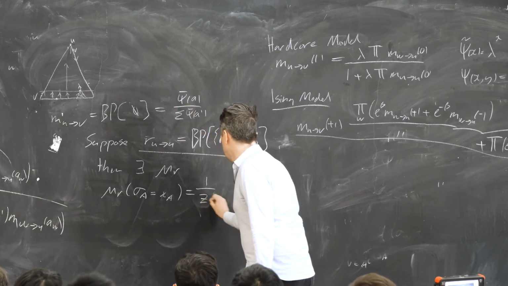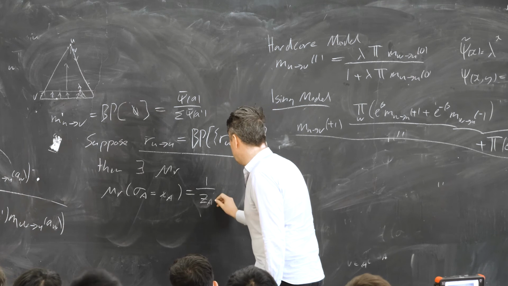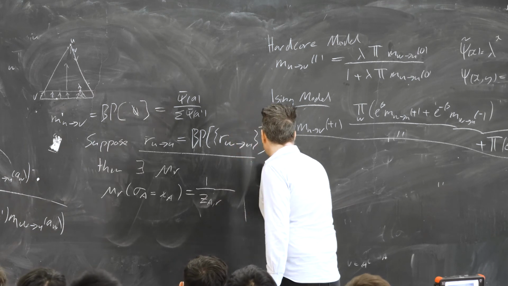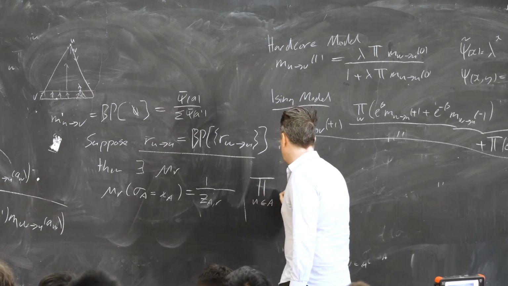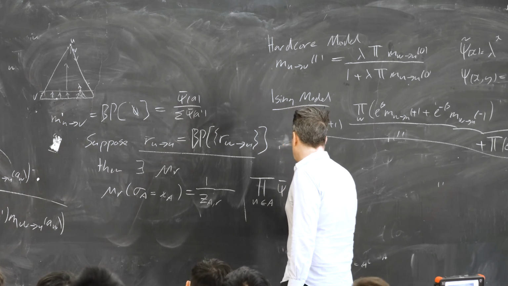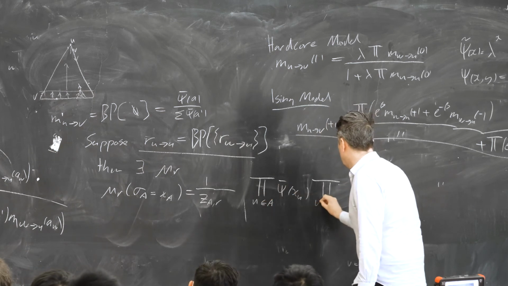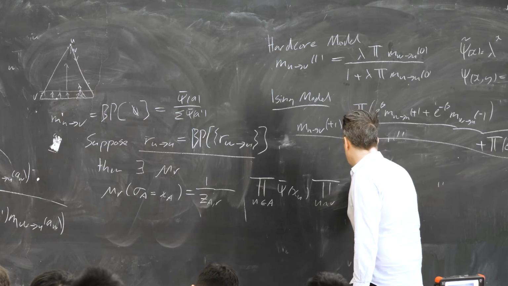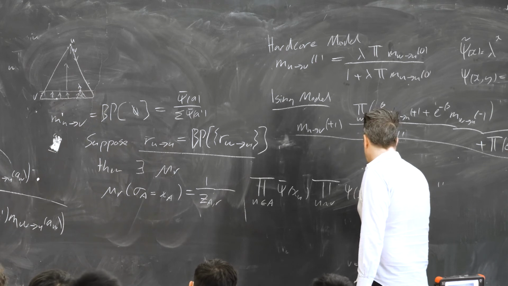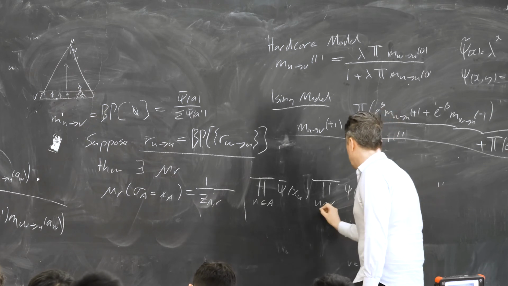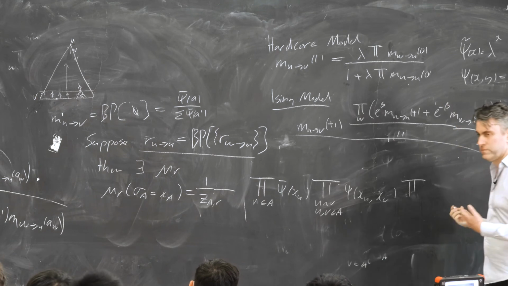There'll be some normalizing constant and a product over xu, so just the spin system on A, xv, these are u and v in A. And now I need something for the boundary condition.